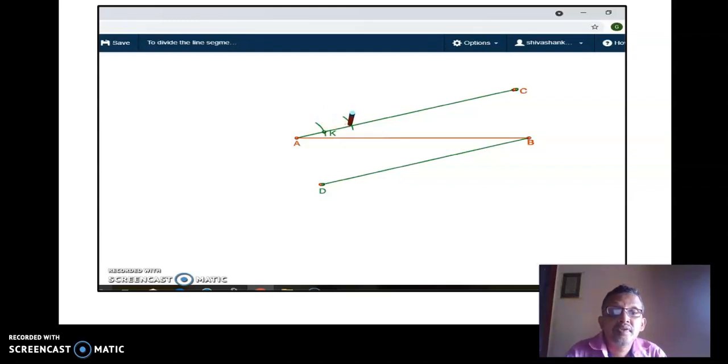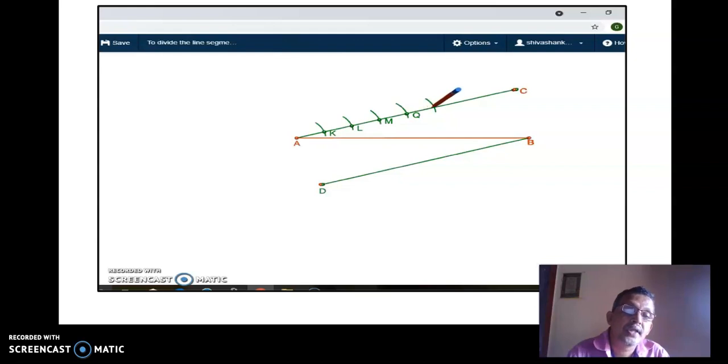So now K, L, M, N. Like this by using compass.